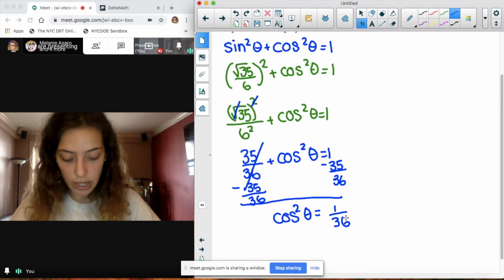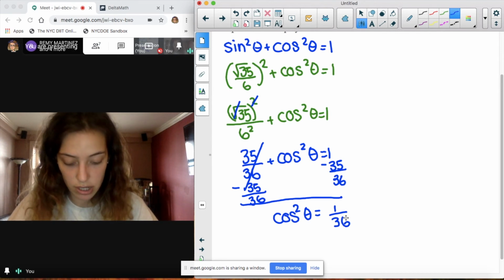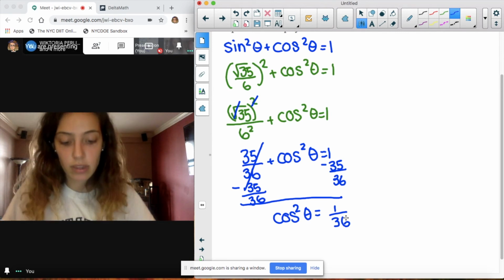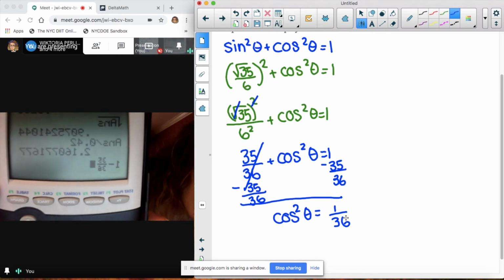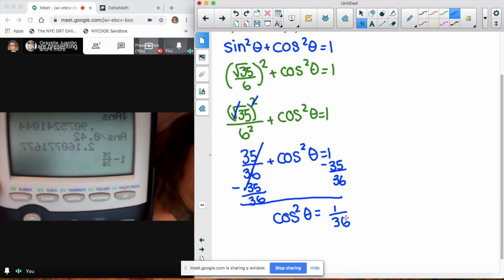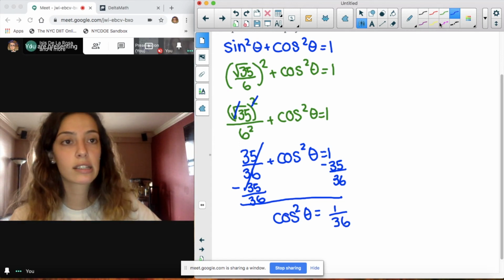Again, you would type it in your calculator. So if you have trouble with typing it in your calculator, this is how you would type it in. You can see that. 1 minus 35 over 36, and it'll give you 1 over 36.